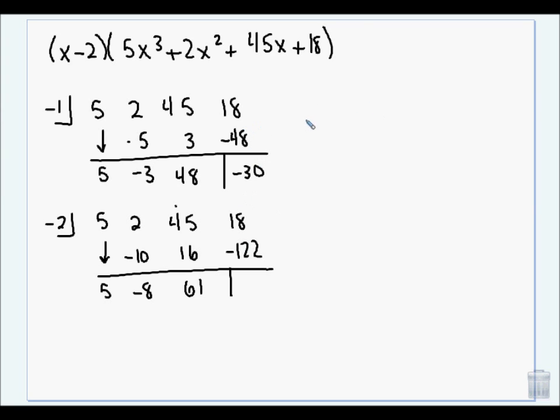Okay, so we could try 3, but I think any positive number I get is going to get giant, right? Do you see that?